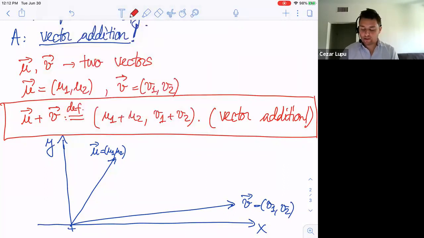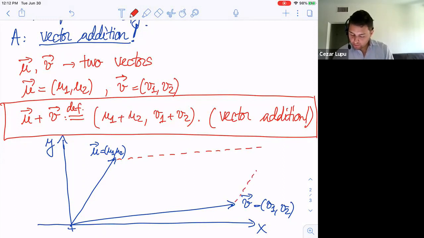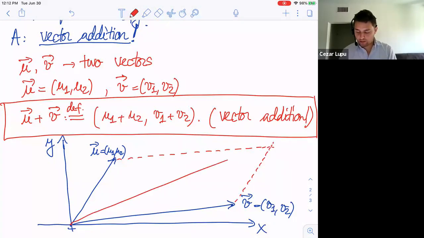The addition of these two vectors will be represented geometrically just like the parallelogram law. So you draw the parallel line to the vector v, and you draw the parallel line to the vector u. When they intersect, guess what? The resulting vector will be the sum. So this is my vector u plus v, and of course, the components will be u1 plus v1 and u2 plus v2.